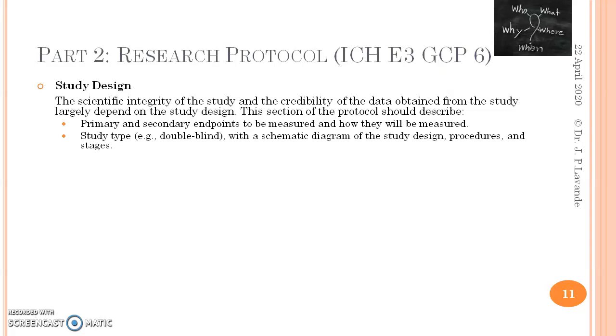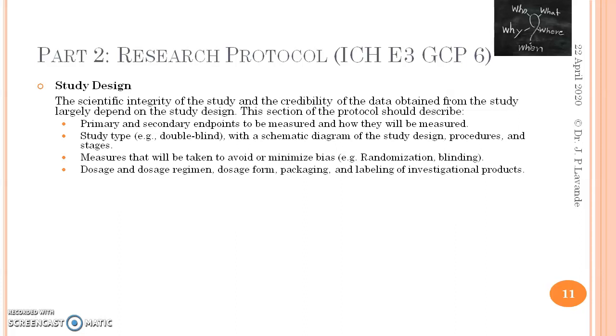Study type, for example double-blind, with a schematic diagram of the study design, procedures and the stages involved. Measures that will be taken to avoid or minimize bias, for example randomization and blinding. Dosage and dosage regimen, dosage form, packaging and labeling of investigational products.